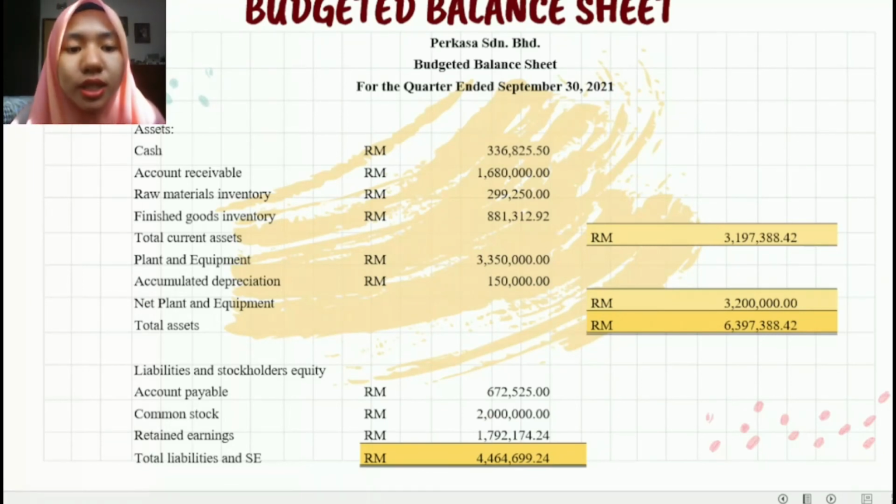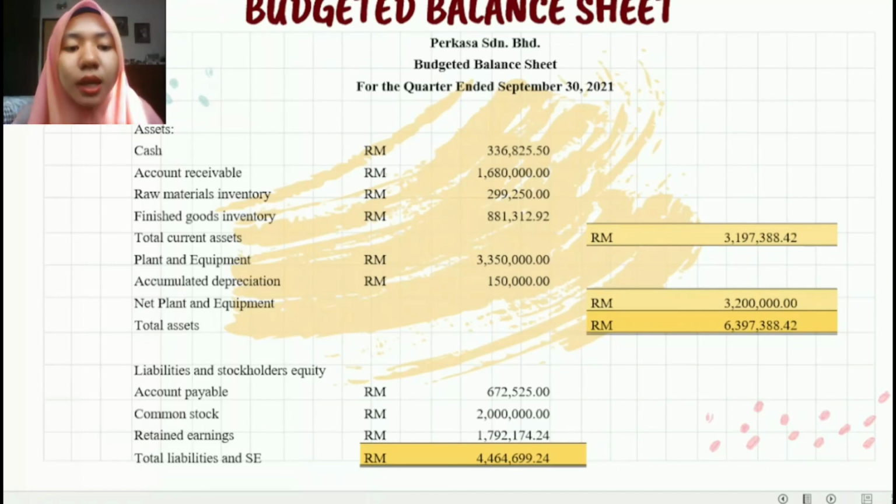Next, for the total assets, we add up the total current assets, 3,197,388.42, plus the net plant and equipment. Then we get RM6,397,388 ringgit 42 cents.